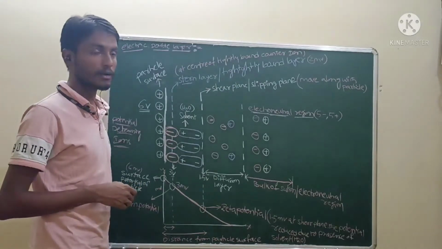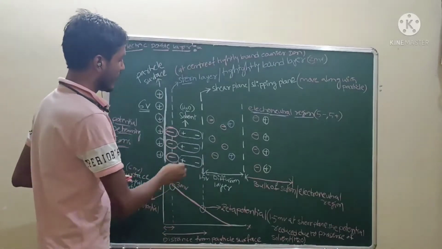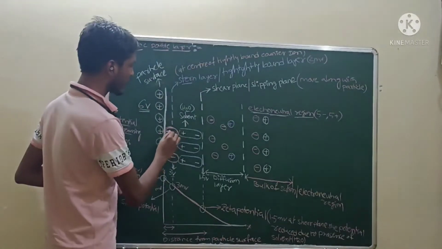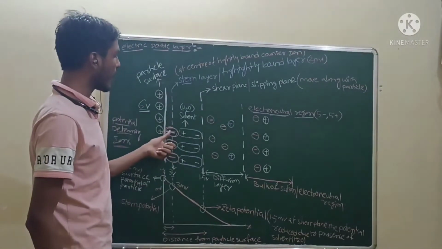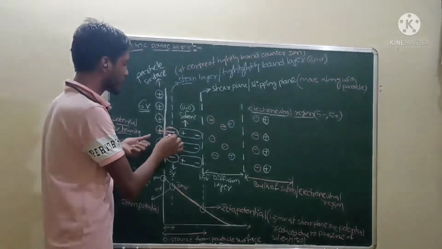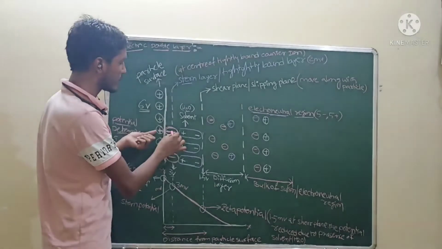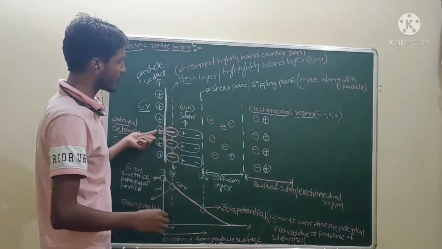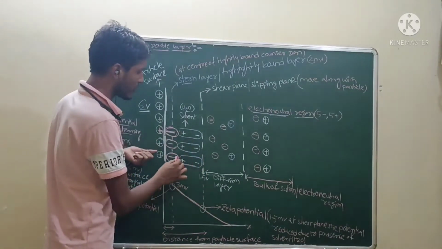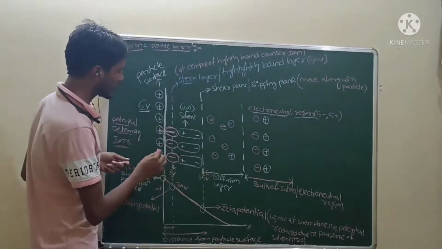But what will happen now? Due to the presence of solvent, this anion or counter ion cannot fully neutralize this positive charge. Actually one unit of positive charge is neutralized by this negative ion, but due to the solvent molecule around this anion, it will reduce how much?